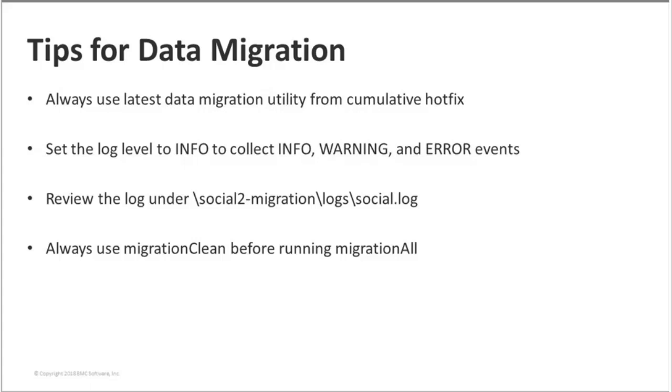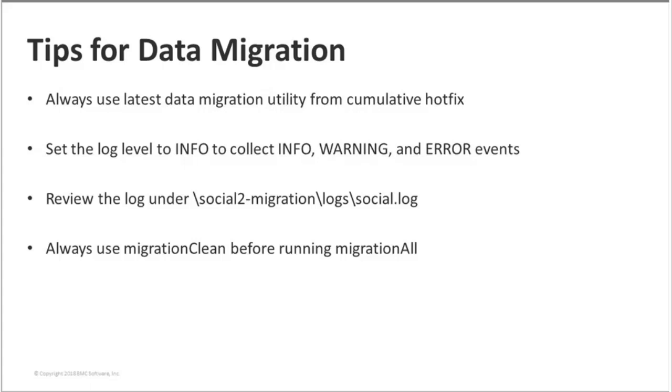Now, there are two issues that you could potentially run into when you run the migration. One is there could be a data issue that the migration utility is unable to handle. It might be something simple. Let's say there is some duplicate data for a specific user in Mongo, and when you're trying to upgrade, it is complaining about it and failing.